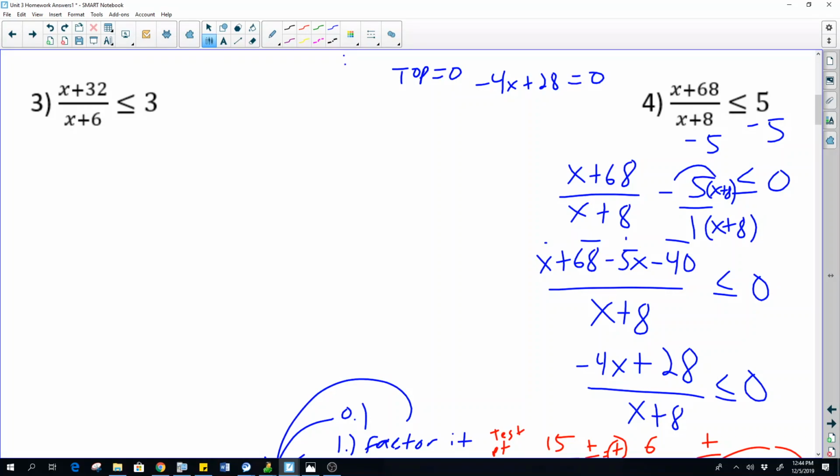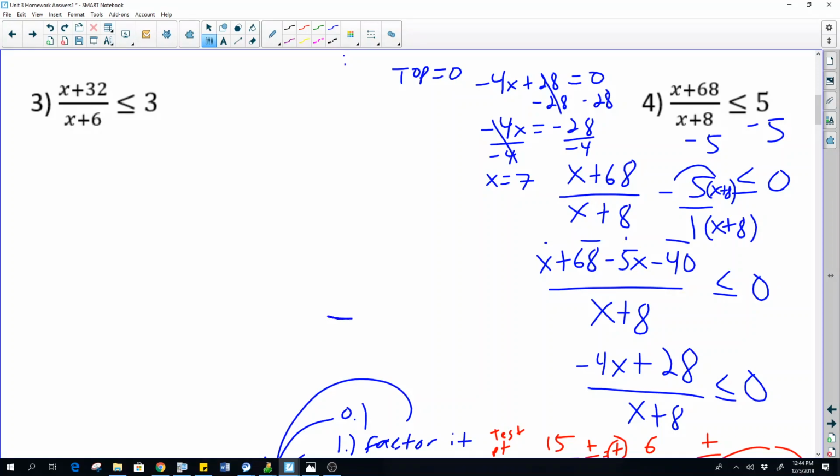Then we minus 28 from both sides. So -4x is equal to -28. Then we divide by -4, and a negative divided by a negative is a positive. x equals 7. So there's one of our values for our chart.